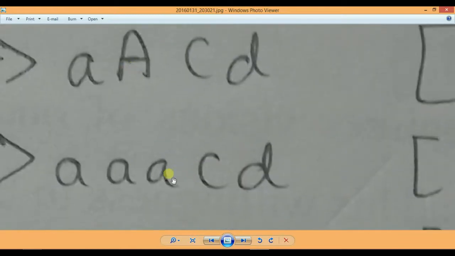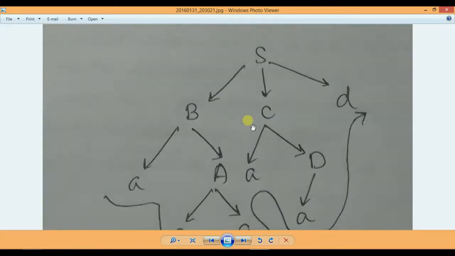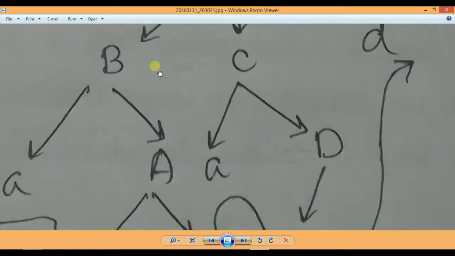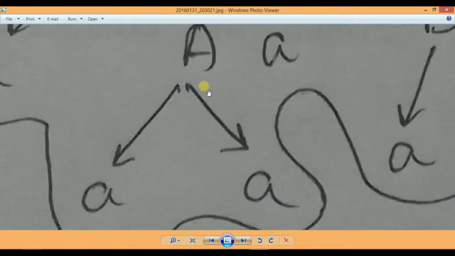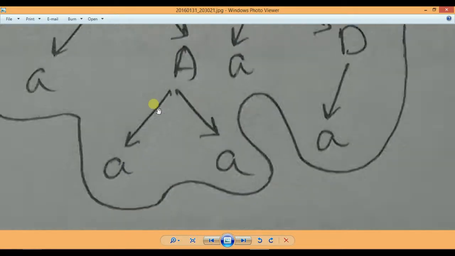So this A becomes small a, and this line becomes small a, small a, small a, C, D. So this A branches into small a and another small a.